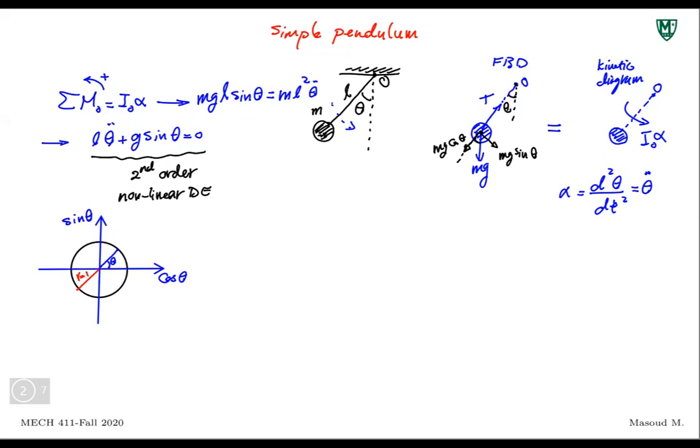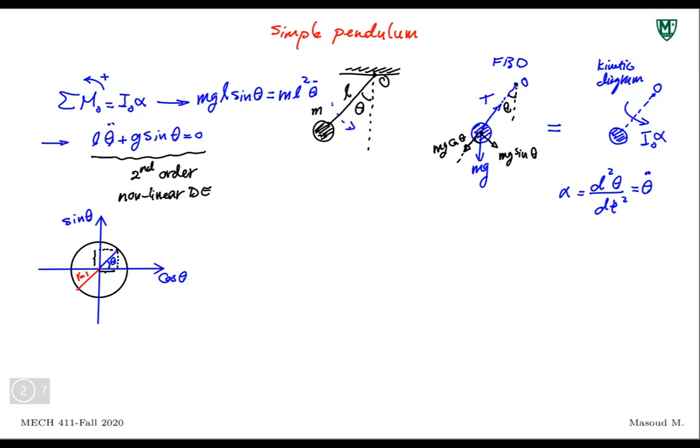So if this is the angle theta, whatever is the projection or the length of this side on the cosine axis is the cosine value for this theta, and this is the sine value for theta. So that would be cosine theta, this would be sine theta.